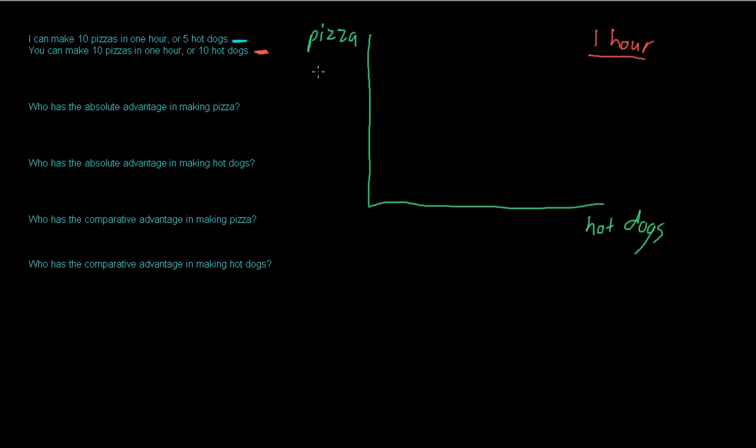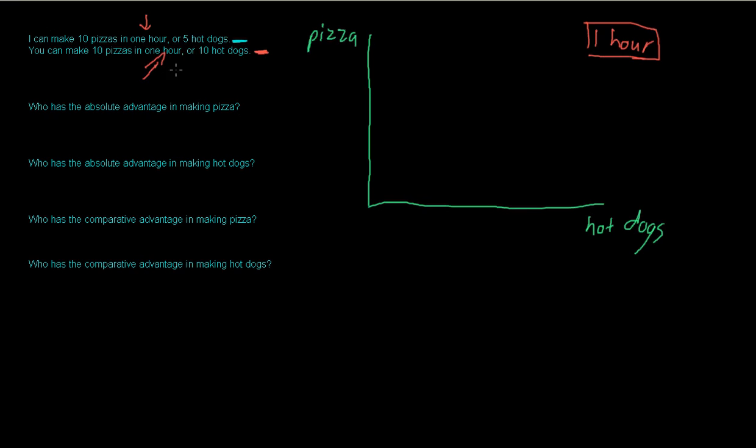As long as you pick the same amount of resources for both of your production possibilities curves, you'll be fine. But I suggest picking the smallest number that is divisible by all of the resource numbers that you're given.